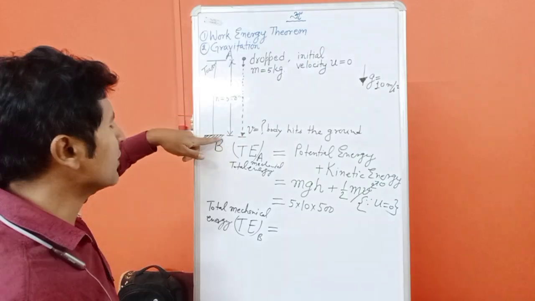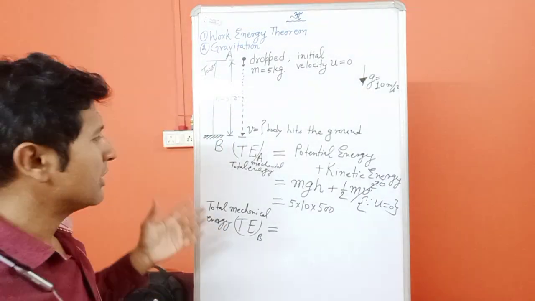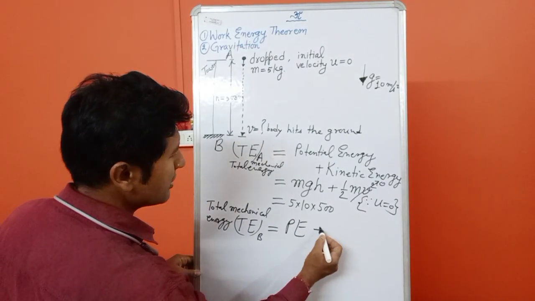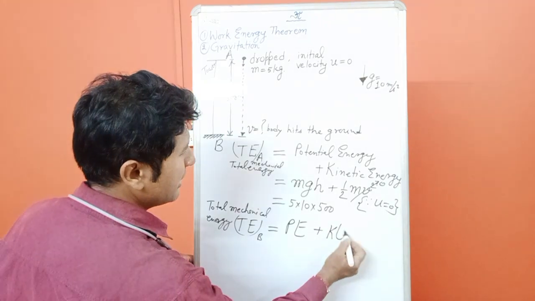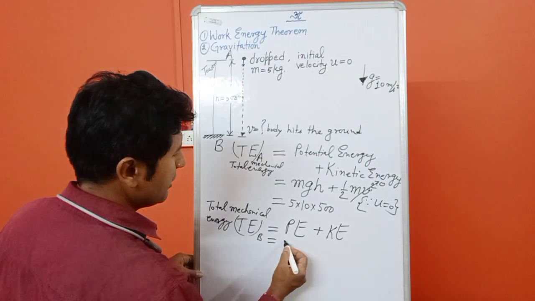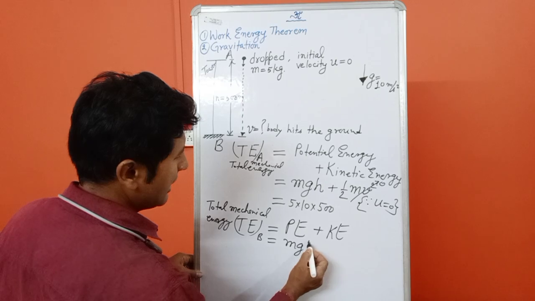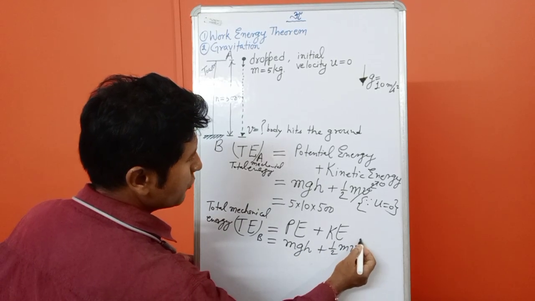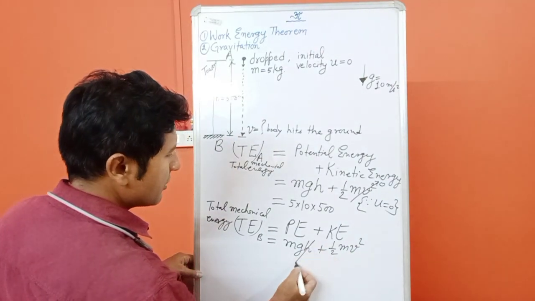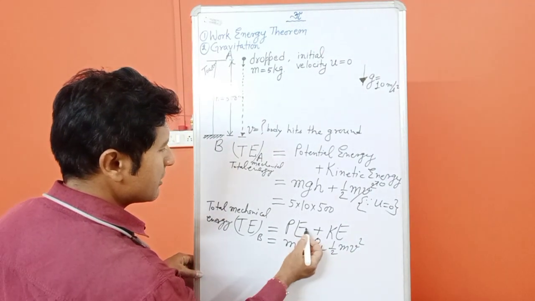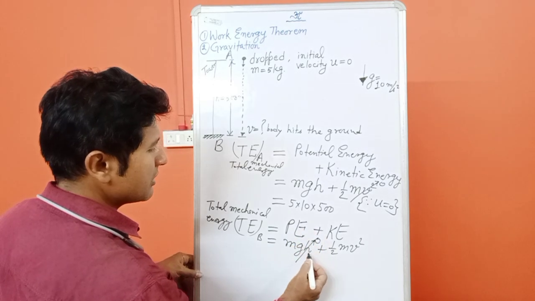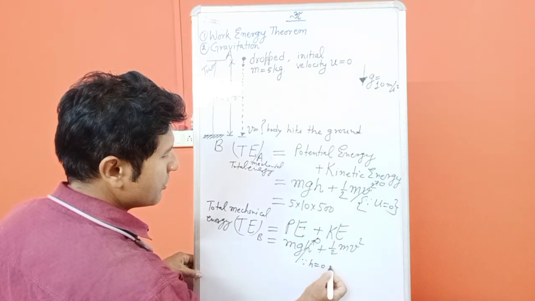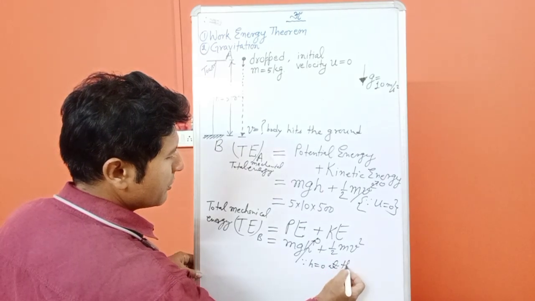When it hits the ground, what's the value of h? The value of h is 0. So again we can write PE as potential energy plus KE as kinetic energy, right? So PE being mgh plus KE half mv square, right? Now h is 0, that's the reason this term PE, that is potential energy, must be 0 since h is equal to 0 at the ground.